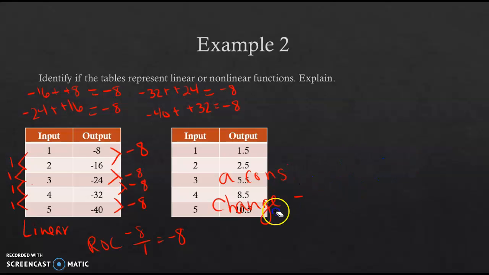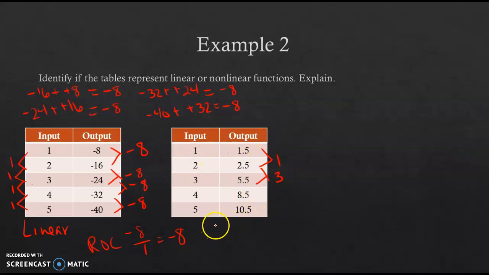All right, so we're going to do the same thing for this one. We're going to do 2.5 minus 1.5. So the 0.5s will subtract out. So then 2 minus 1 is 1. And then 5.5 minus 2.5, which is 3. So at this point, that's not the same.